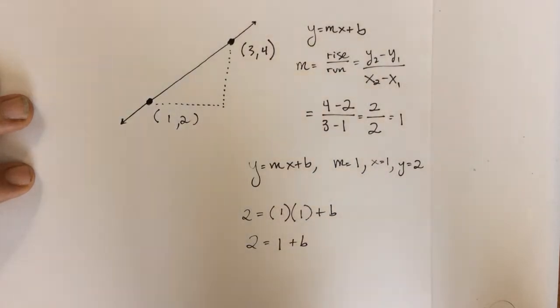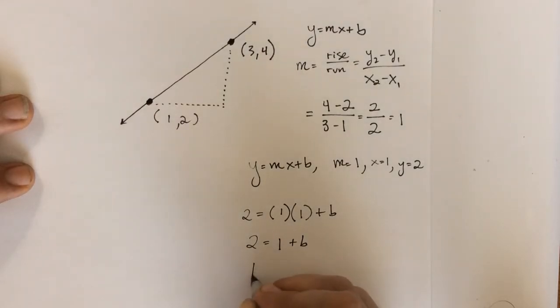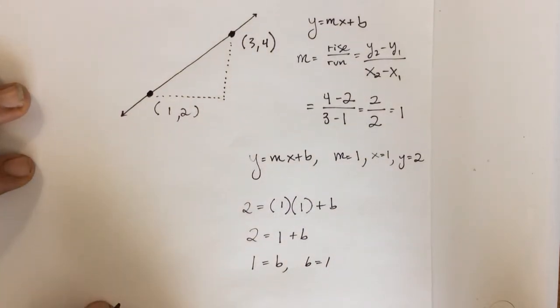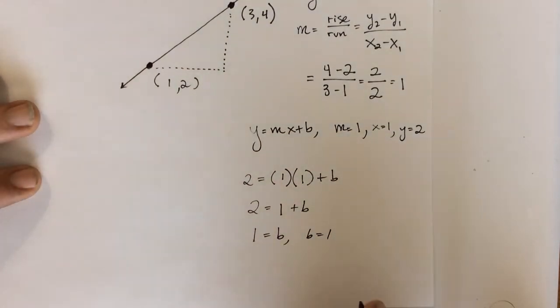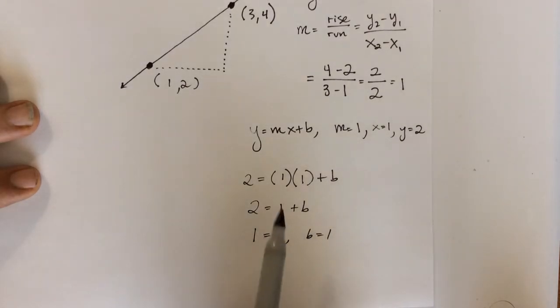That's 1 plus b. So using the subtraction property of equality, I can subtract my 1 from both sides, and I get 1 equals b, or b equals 1, using the symmetric property of equality. So now I know that b equals 1.